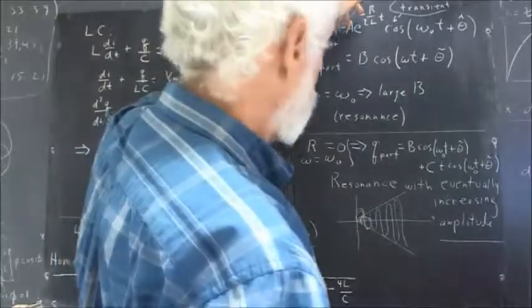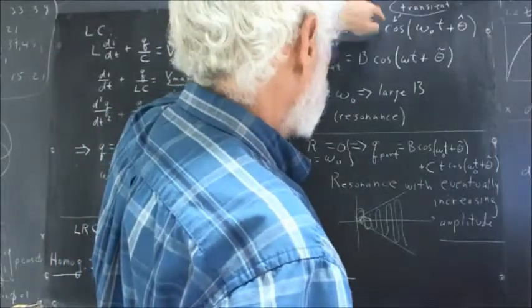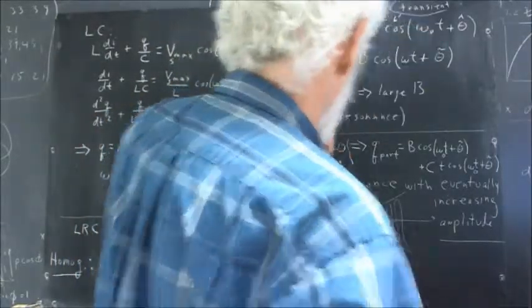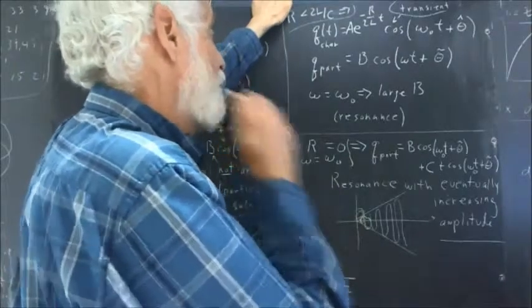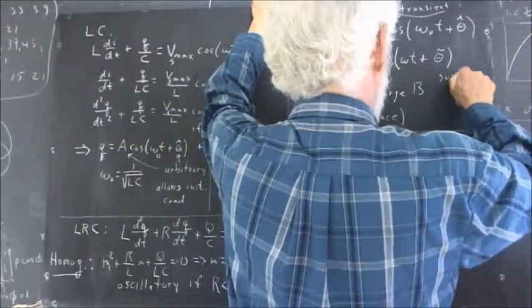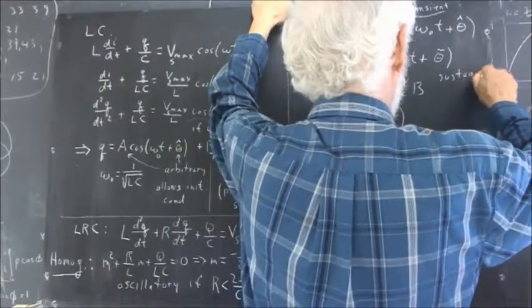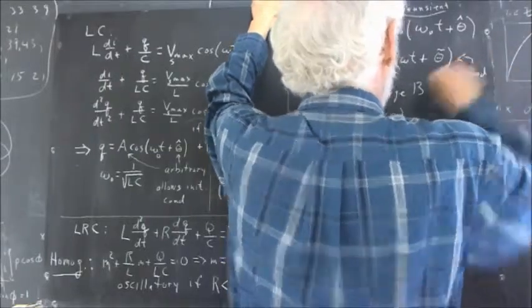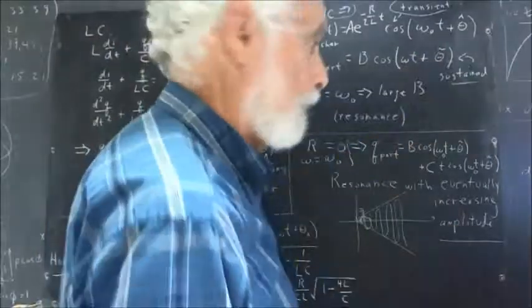Transient because it only occurs for a while until t gets big enough to make this practically 0. But then this is, we'll say, sustained, so that as t becomes large, this is what's going to happen.